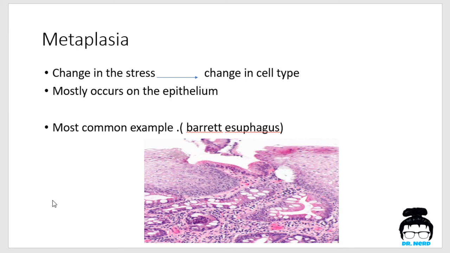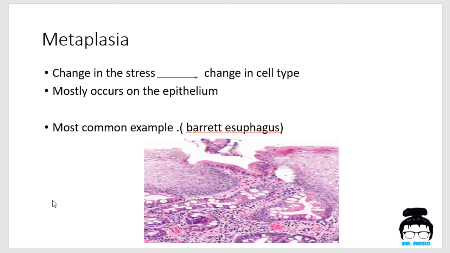So when the stomach spills the acid out to the esophagus, it will damage the epithelium of the esophagus, which will lead to reprogramming the stem cells in the esophagus, and it will change from stratified squamous epithelium to simple columnar epithelium. And we have Barrett's esophagus.